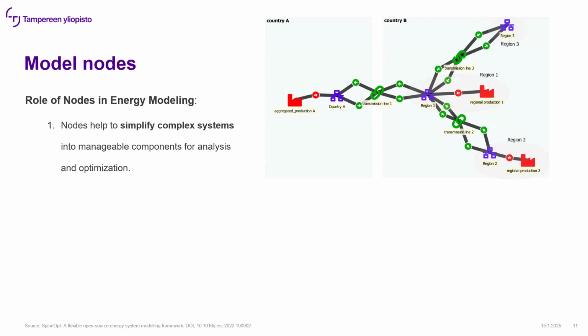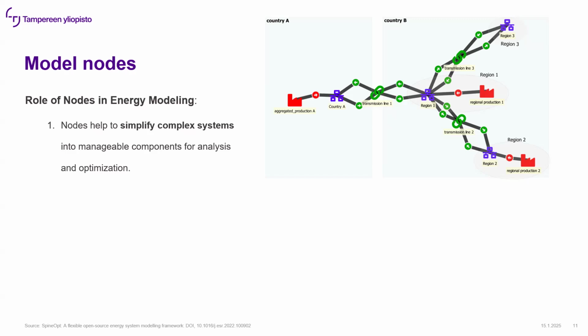So this is what it looks like in SpineOpt. The blue ones in there are the nodes. Let me try and hide this one. Yeah. So the blue ones are the nodes, and for example, there is this aggregated production, and it's connected to this node in here. And then there are these transmission lines, so it can flow in both ways.